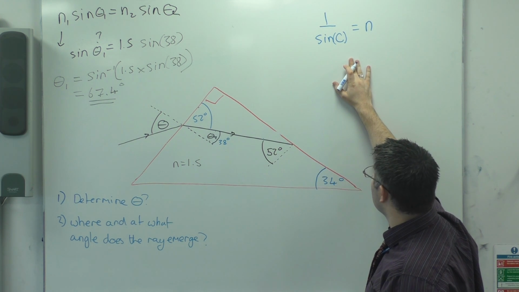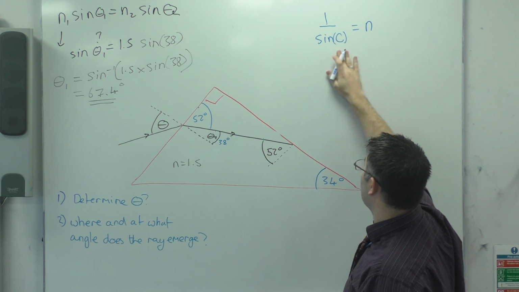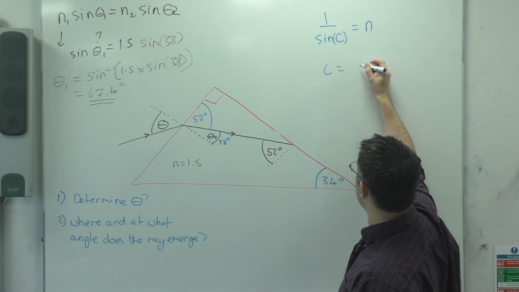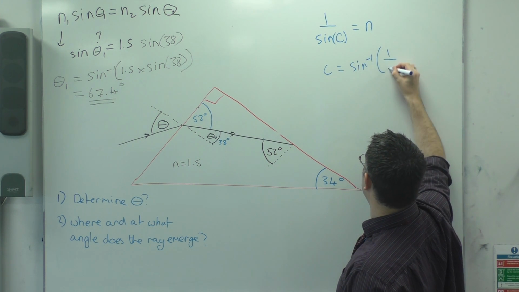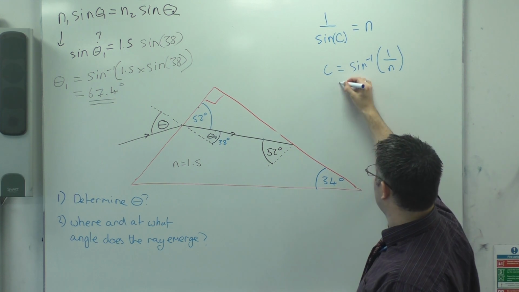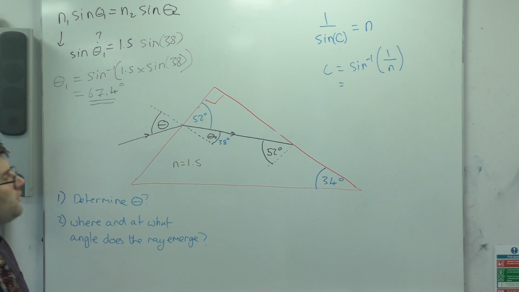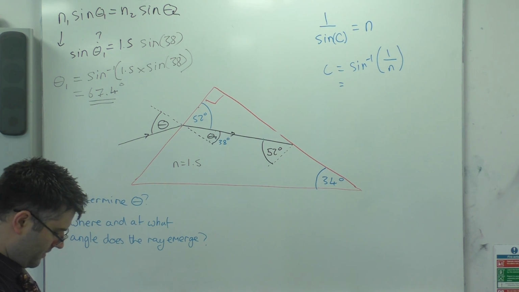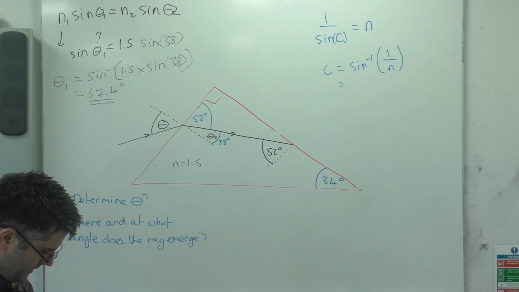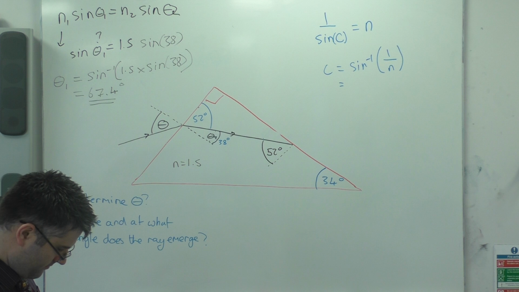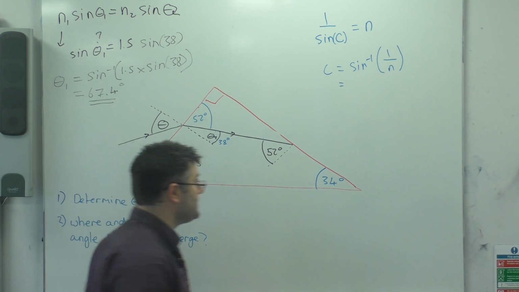So, we can rearrange this equation for C. So C is going to be equal to sine to the minus 1 of 1 over n. And when we work that out, 1 divided by 1.5, sine to the minus 1 of that answer, gives us 41.8, or for the most part, 42 degrees.